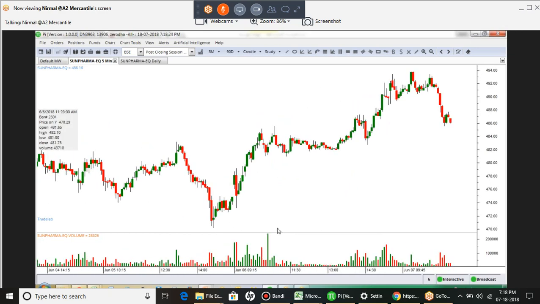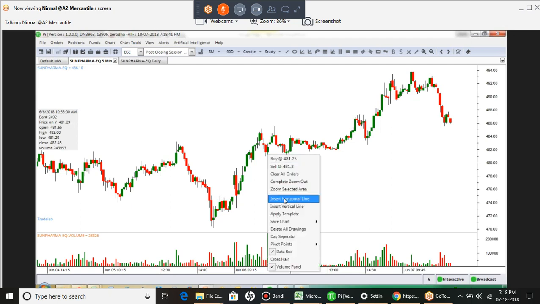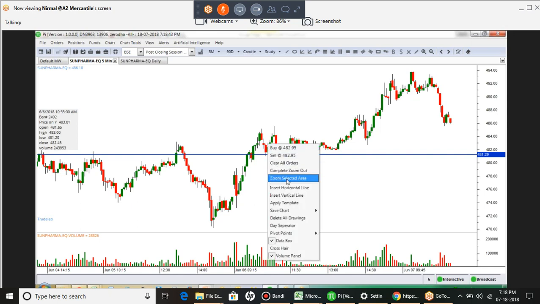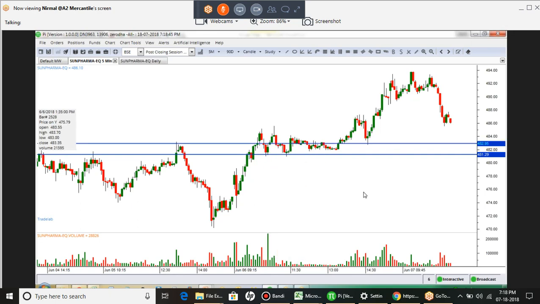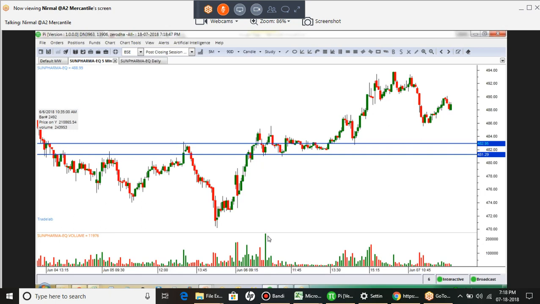So on 6th of June, if we look at it, see, this is the 6th of June trading day. I see that the heaviest volume has happened somewhere here, 10:35. 10:35, the candle is here. Okay. And this was a breakout of the heaviest volume of 5th.